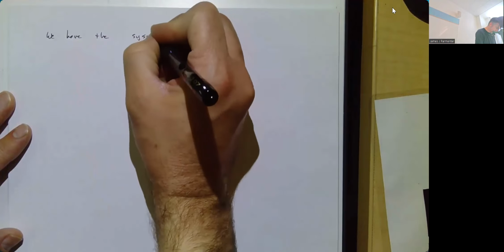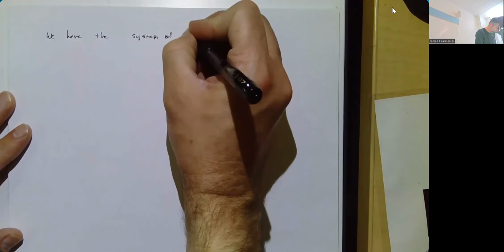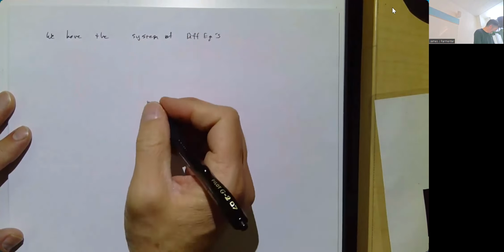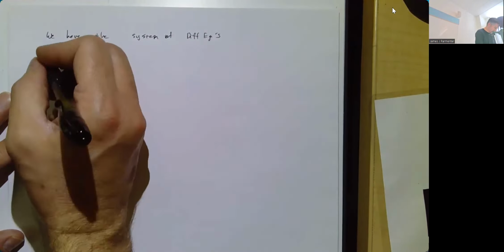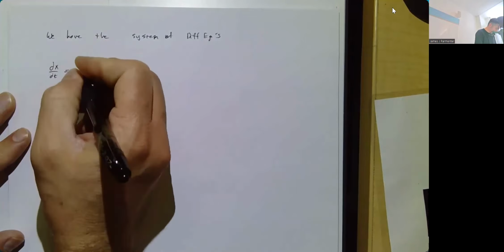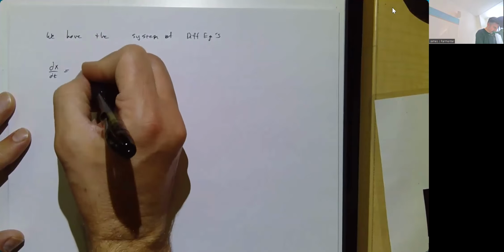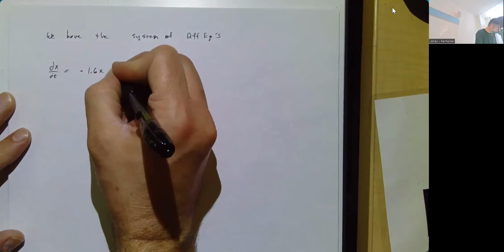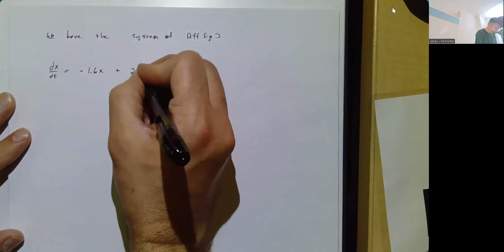Let's say we have the system of differential equations. It's going to be another one of these kinds of things where dx/dt is equal to negative 1.6 x plus 2.1 y.